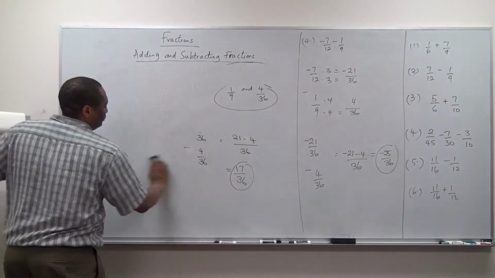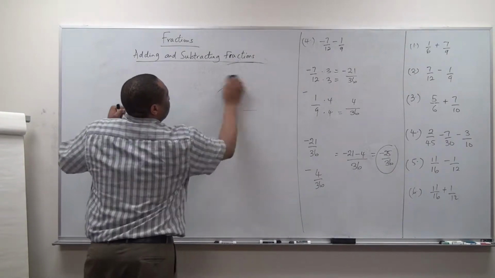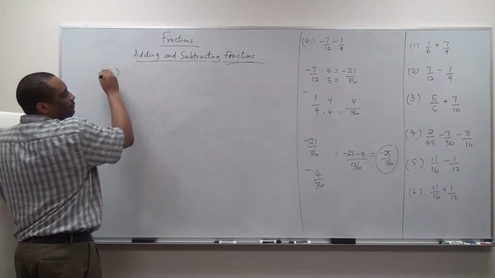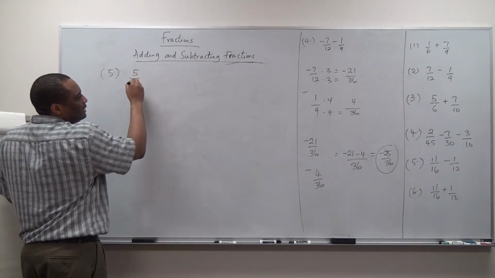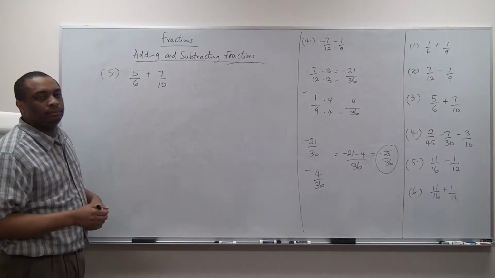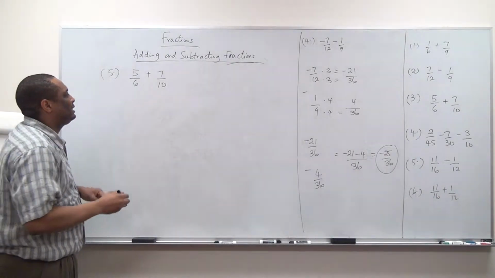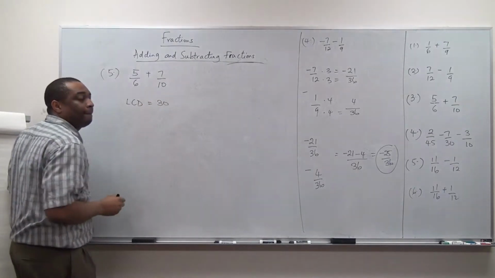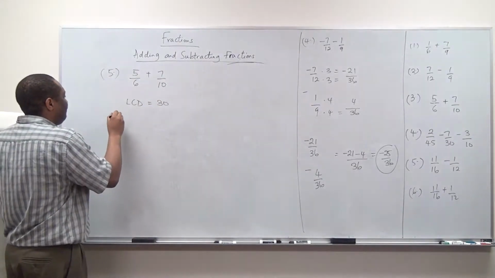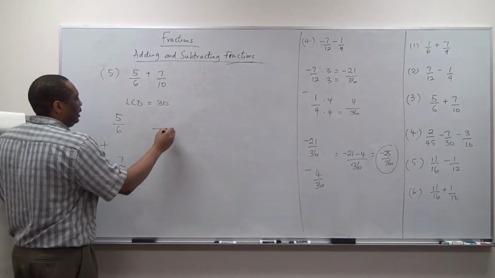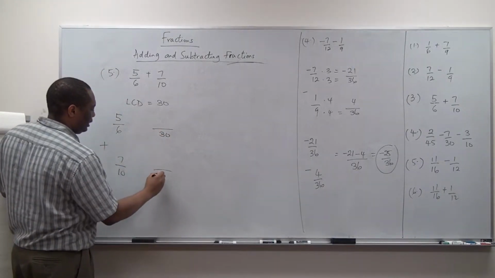Next one. Example 5. 5 over 6 plus 7 over 10. Now what is the LCD of 6 and 10? That is 30. So what we have to do, 5 over 6, plus 7 over 10, here will be over 30, over 30.